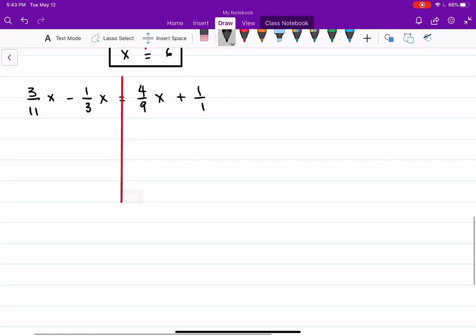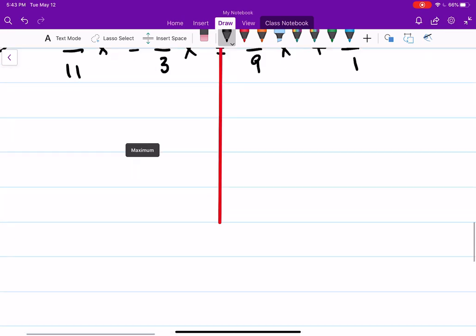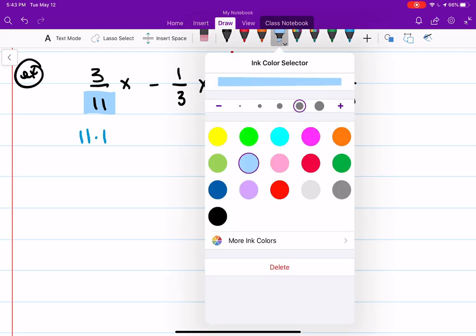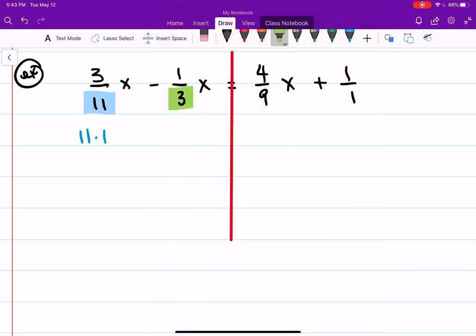Actually, let's do it right here. Let me do the 11. 11 comes out to be 11 times 1. In green, 3 is just 3 times 1.